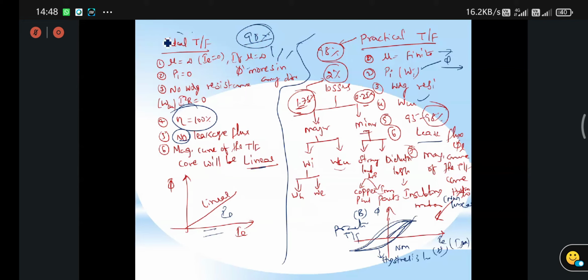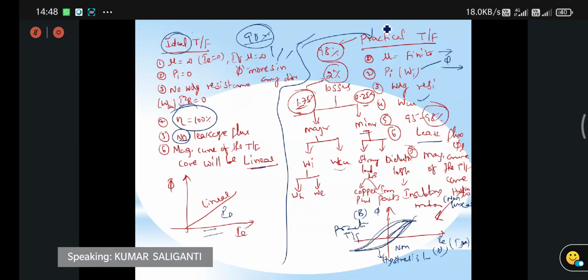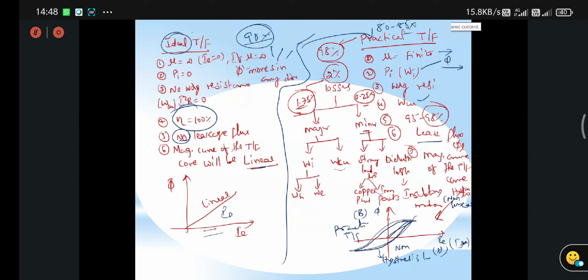That is the ideal case. But coming to practical, you may not get exactly 90%, you may get 80 to 85% instead, because some practical difficulties will come up based on your time schedule and all other circumstances. When you are not prepared properly, you may lose some 5% here.